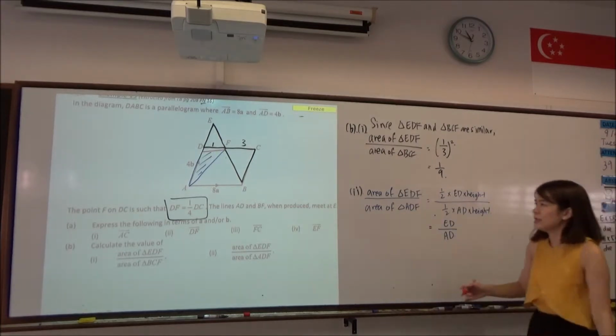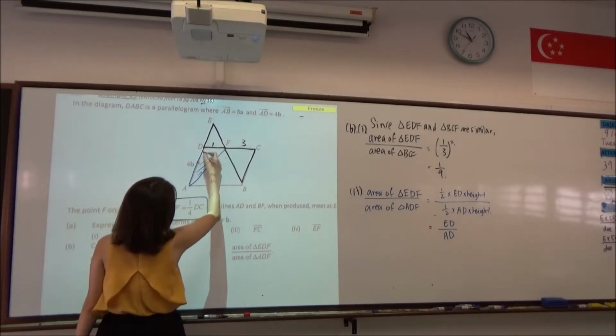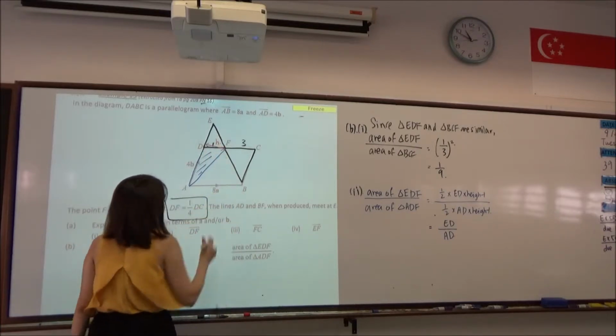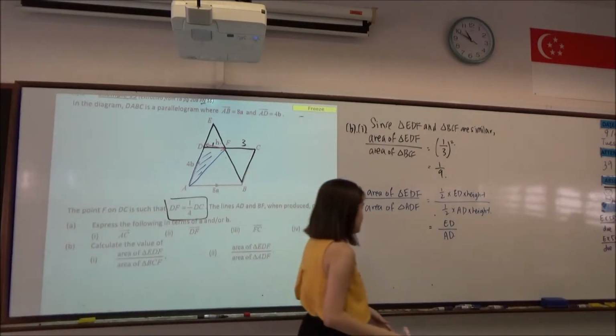Okay, that will be the height. So now we know that it is ED over AD. We need to know what is the ratio of these two lengths.